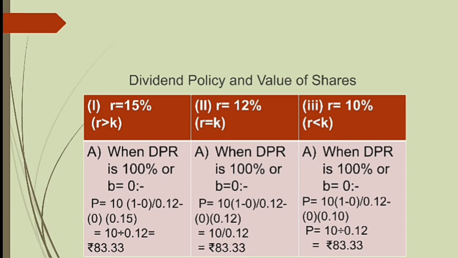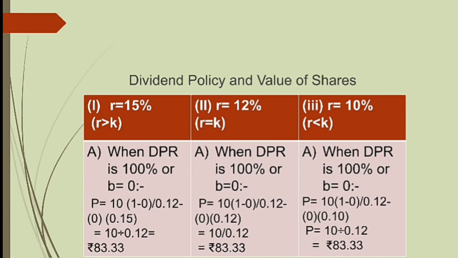P equals 10 divided by 0.12, that is rupees 83.33. So in all three conditions for XYZ Limited, when the dividend payout ratio is 100%, we get the same value: rupees 83.33, whether the rate of return on investment is 15%, 12%, or 10%.